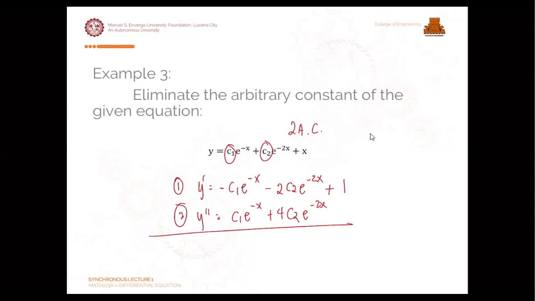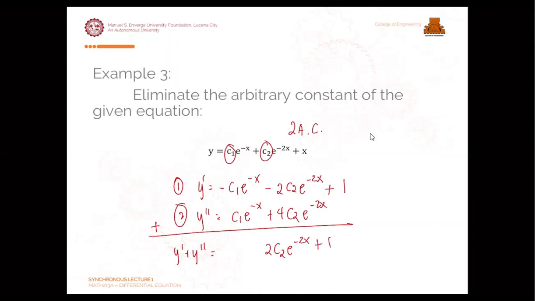Kinuha natin yung sum niyan. So we have y plus y double prime is equals to, this will be cancelled out na. So ito will be 2 c2 e negative 2x plus 1.